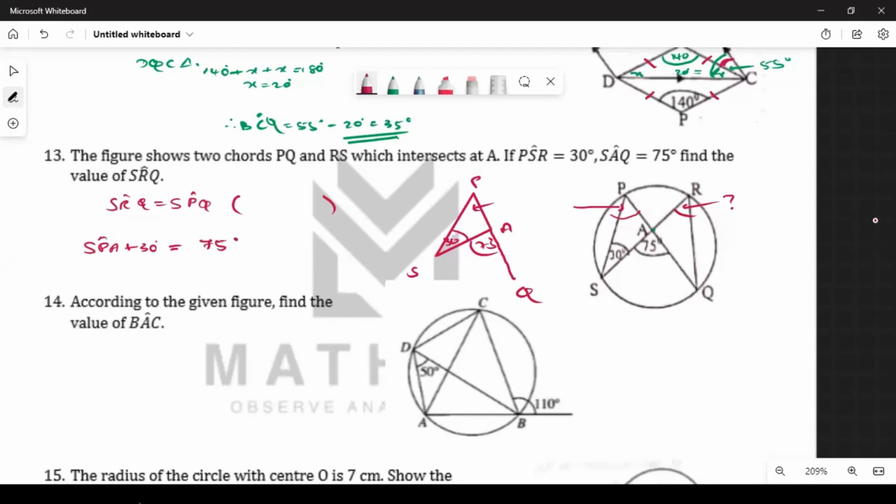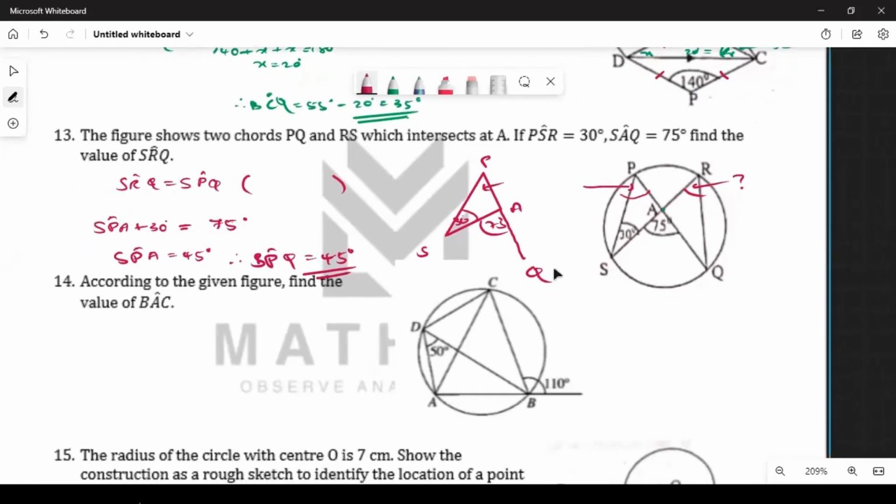The exterior angle of a triangle is equal to the sum of the interior opposite angles. So angle SPA is equal to 45. Therefore, SPQ, our target, is equal to 45 degrees. Why? SPA is equal to SPQ. You just have to use the same theorem. The only thing is you should be able to see that these two angles are on the same segment or the same sector of the circle.